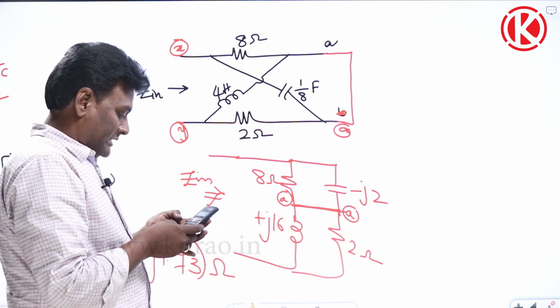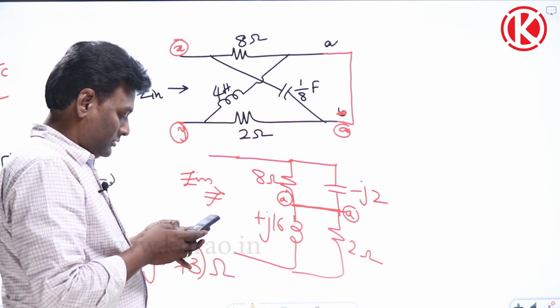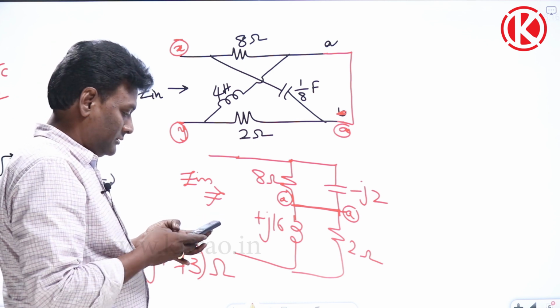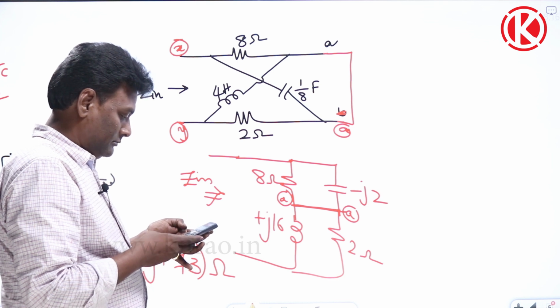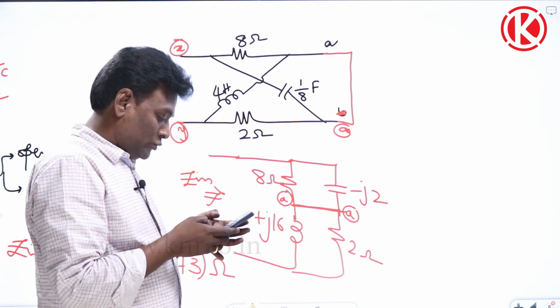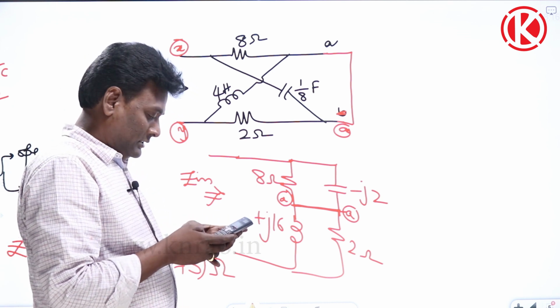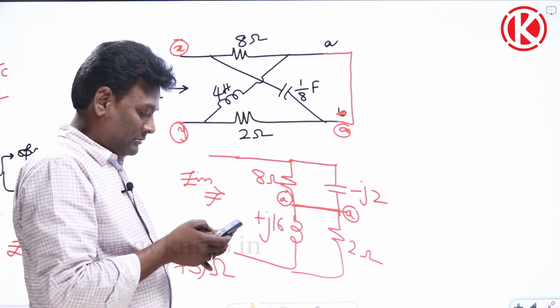So 8 inverse plus minus 2i inverse. Okay, after that 2 inverse plus 16i inverse.